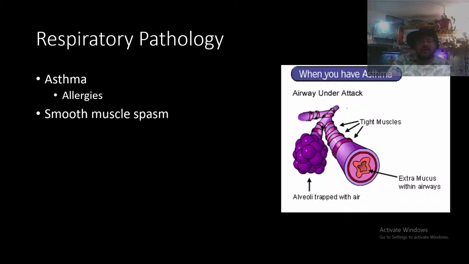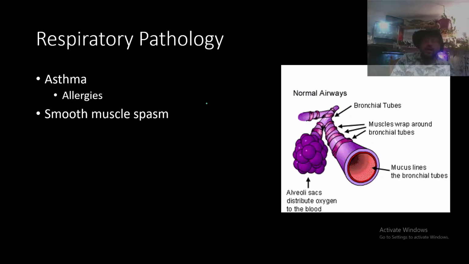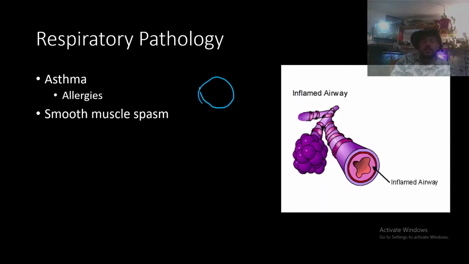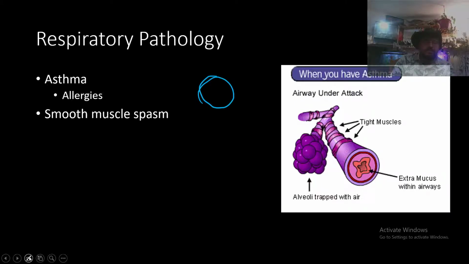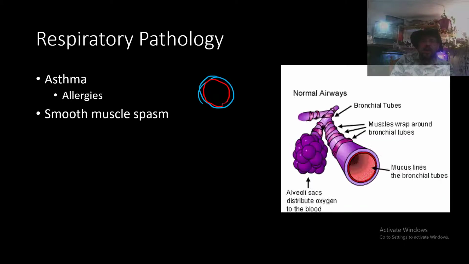And basically, asthma causes a smooth muscle spasm, right? Your bronchi actually have a layer of smooth muscle in them that can help adjust how wide they are.